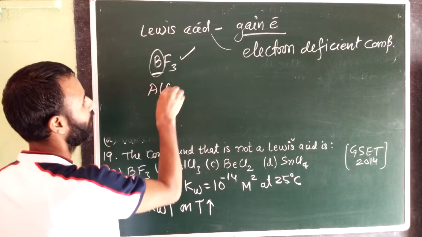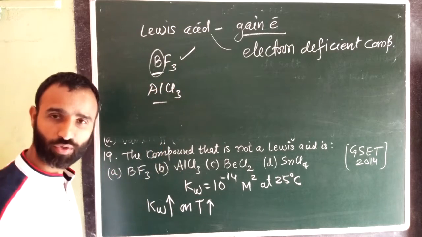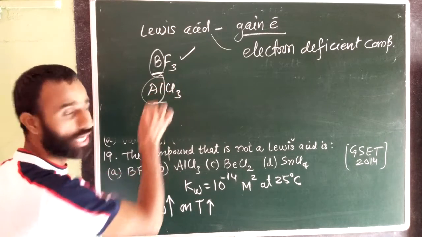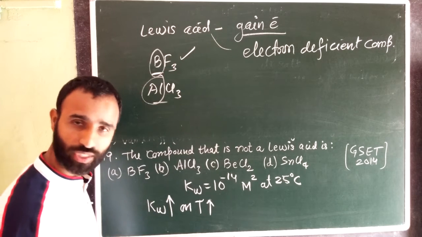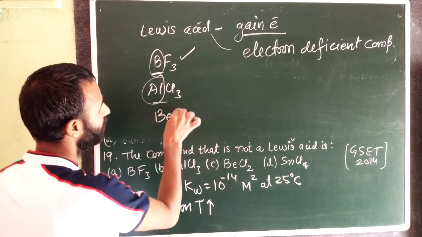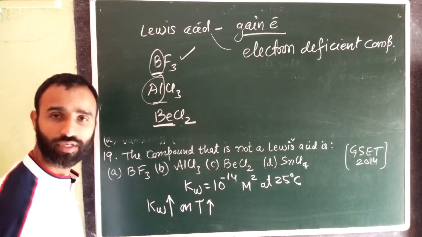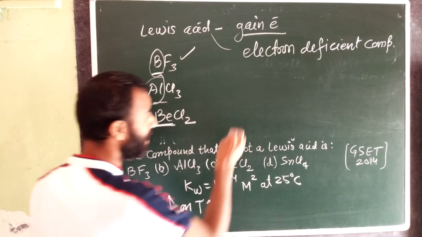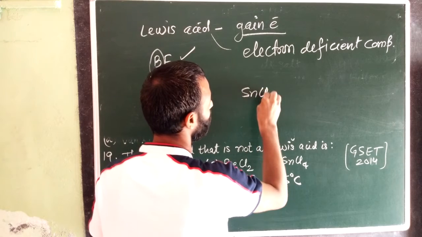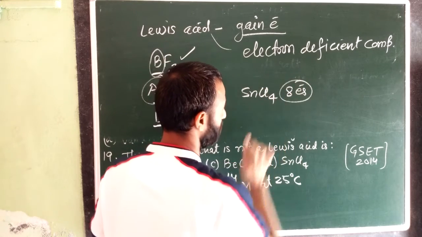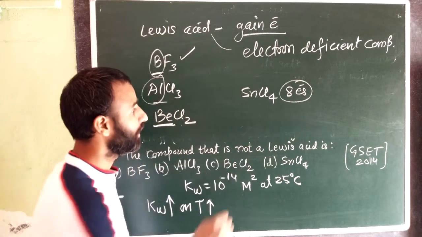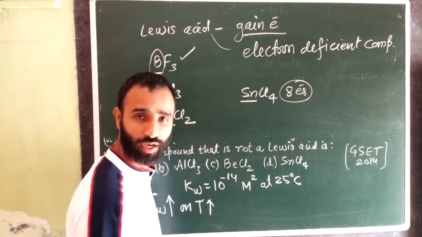AlCl3, again same, electron deficient. Aluminium has 6 electrons. 2 more electrons are required to complete its octet. BaCl2, again electron deficient. Now SnCl4, though it has complete octet of electrons, but it has vacant d orbital.